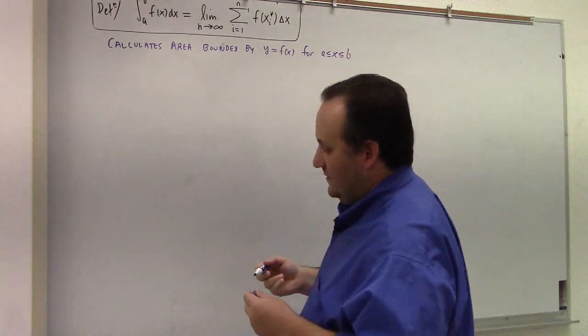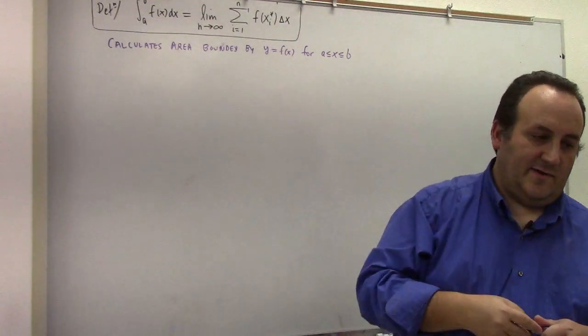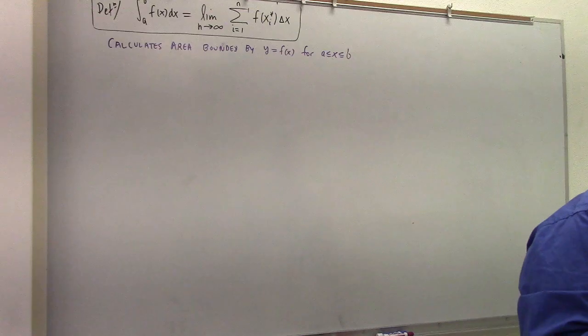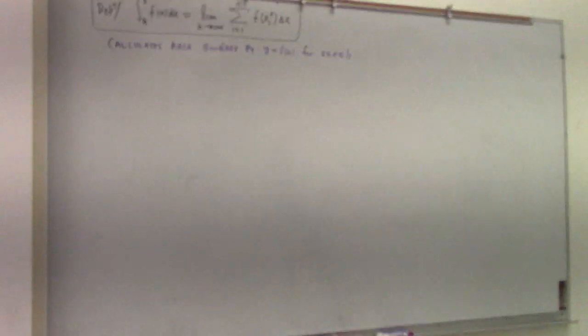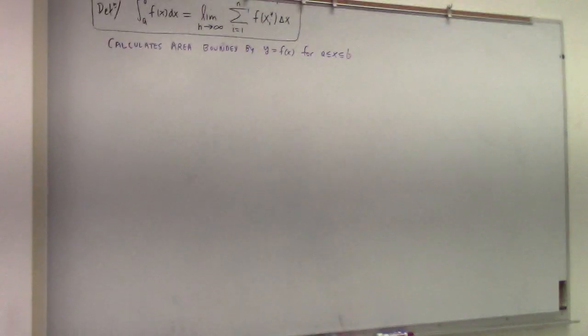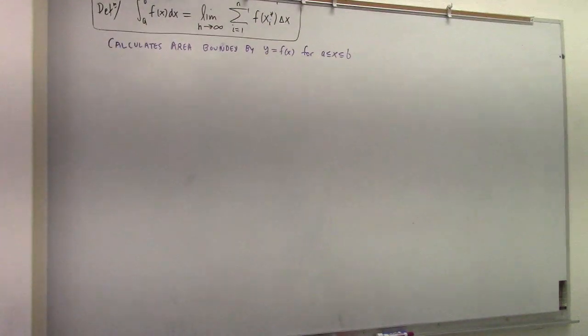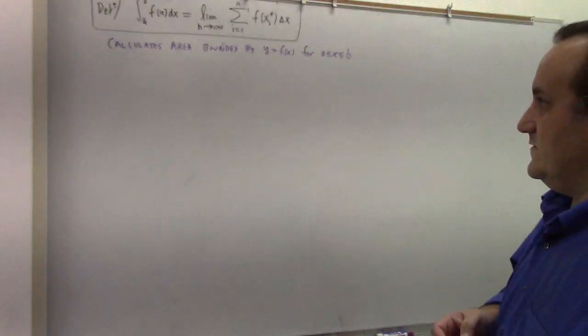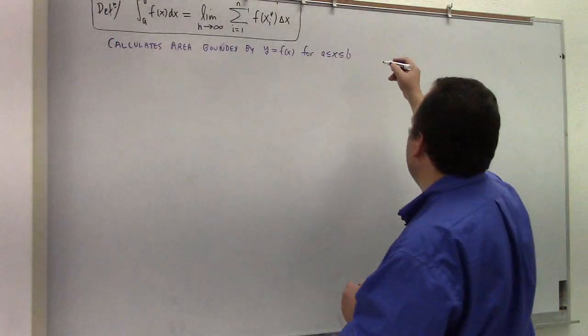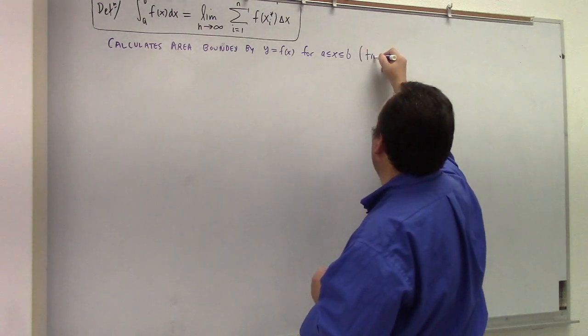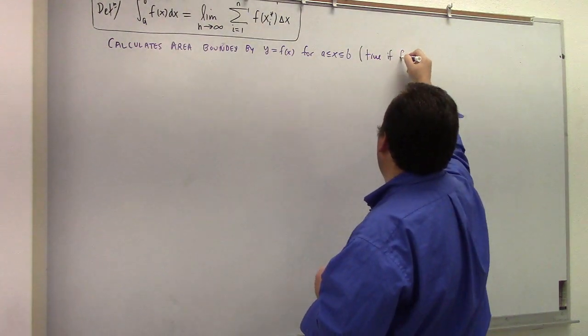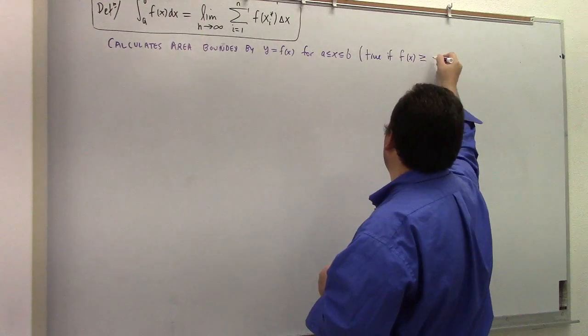Well, I'm here to make a confession. That's not quite true. The statement I just wrote is only true if f of x is greater than or equal to 0.